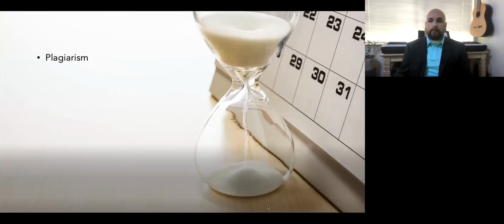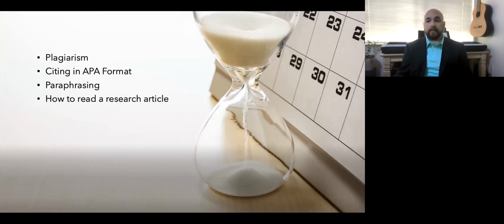First, I will be covering plagiarism and two ways on how to avoid it: by citing correctly in APA formatting and paraphrasing. Then I will show you an easy and effective way of reading academic research articles. And at the end, you will have all the skills you need to be able to do an annotated bibliography.